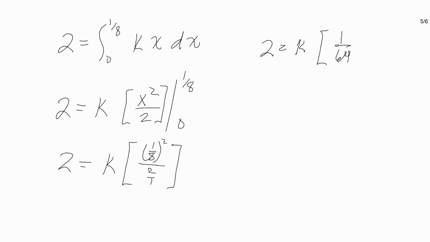Multiplied by 1/2. Yes, Hubert. No, Hubert. Thank you, class. 2 is equal to k times 1 over 128.